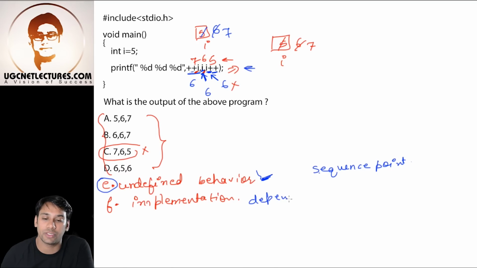I've seen this option in some of the study material provided by coaching institutions. For example, I've seen study material provided by one institute, and they gave a similar program and wrote in the explanation that it is implementation dependent, but it is not implementation dependent, because this is an ambiguity in the C language. So the correct options should be undefined behavior or sequence point, right? Okay.